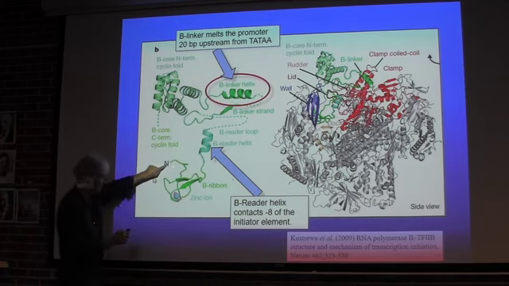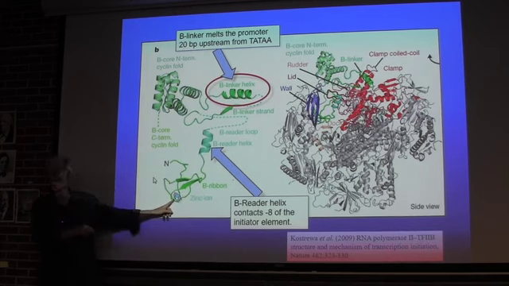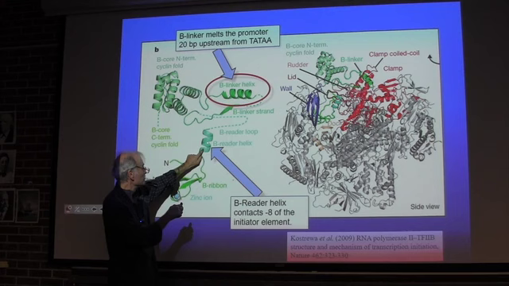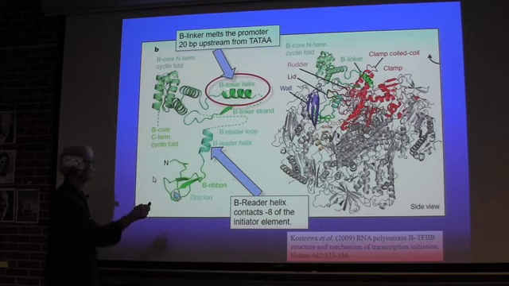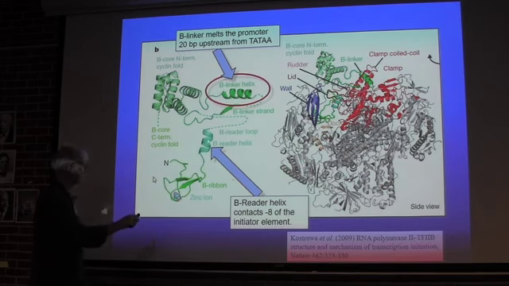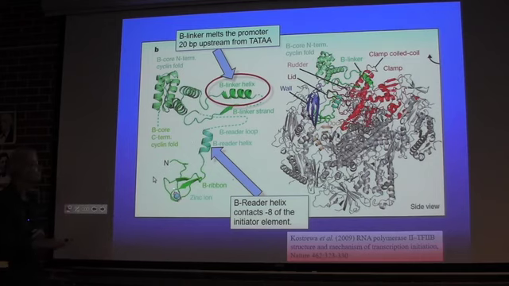This is the N-terminus. There's that zinc ribbon. And what you see here is a B reader helix. And then you see a B linker helix. No, linker, reader, ribbon. And of course, this is the beginning of one of those cyclin domains, repeat 1, repeat 2.